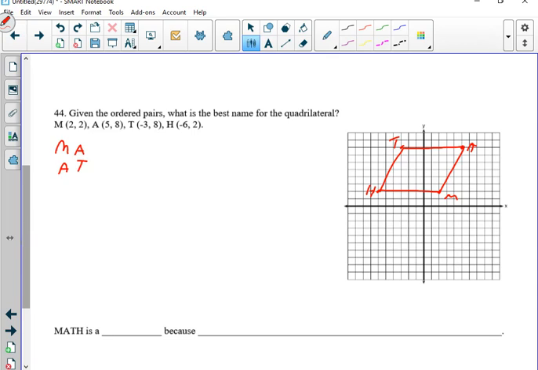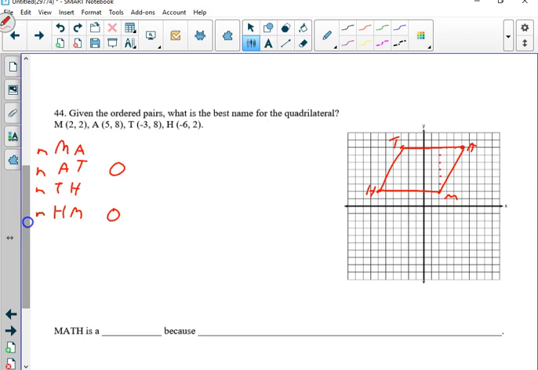So MA, AT, TH, and HM. Slopes of all these. Well, TA and HM are easy because they are 0, horizontal lines. And then MA, count up 1, 2, 3, 4, 5, 6.